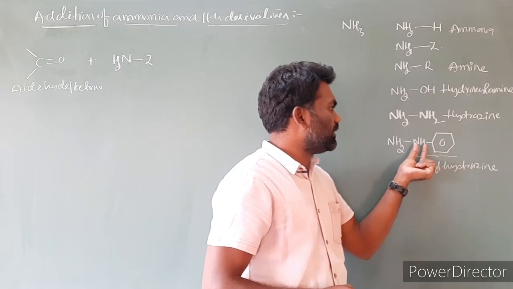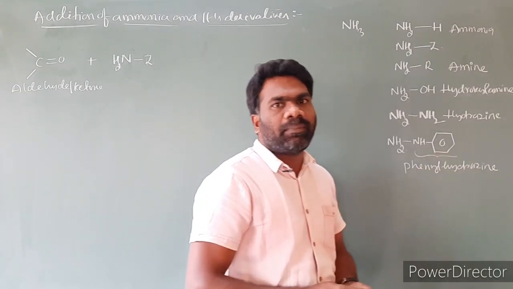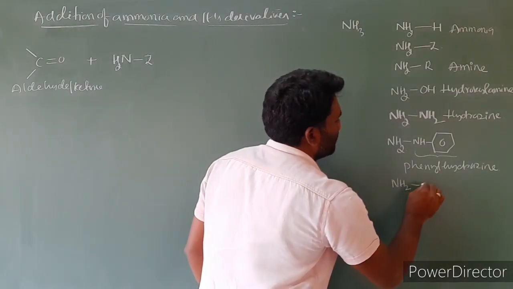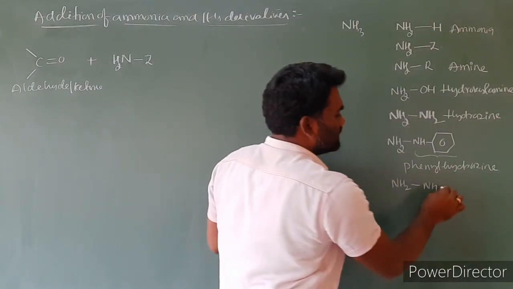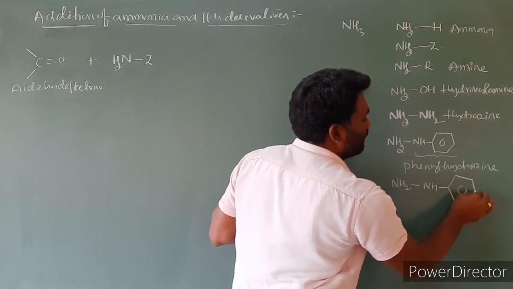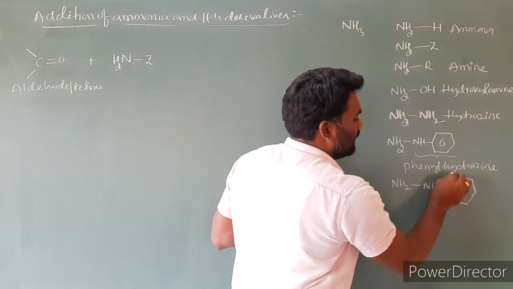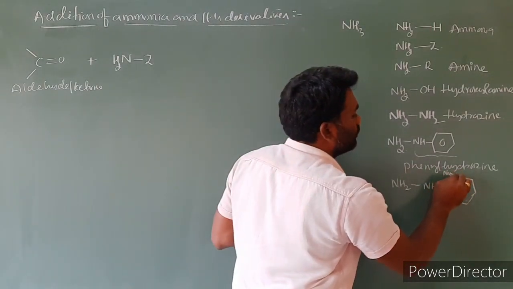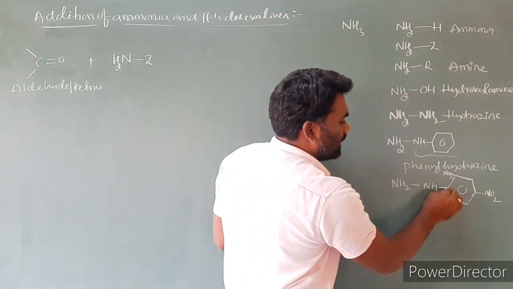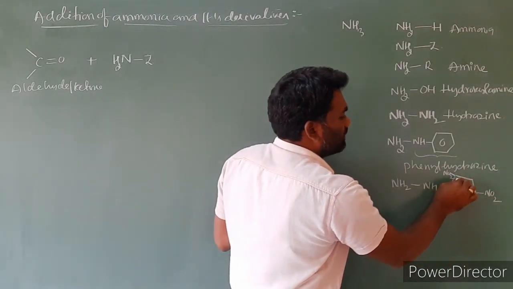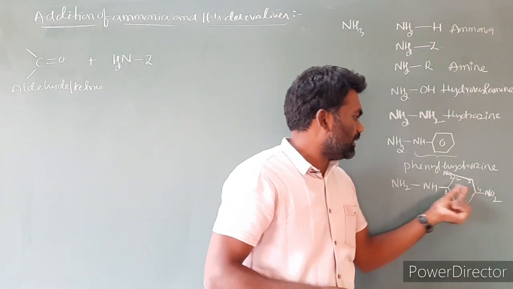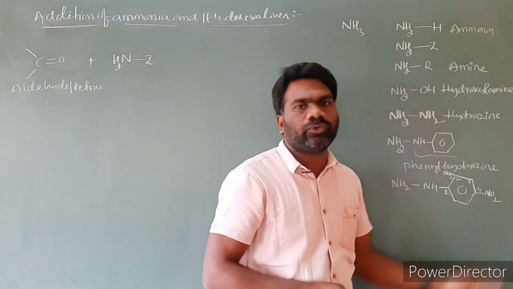In the place of Z, suppose I wrote NH with a benzene ring, the same group, and at the second position I wrote an NO2 group, and at the fourth position an NO2 group. Where the NH group is attached, I wrote number 1, then this is carbon 2, carbon 3, carbon 4. At the second and fourth carbons an NO2 group is present.